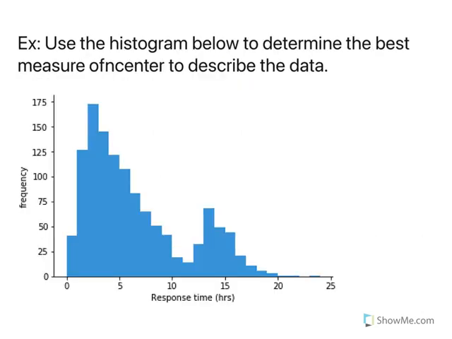Now let's look at this histogram. On this histogram, across the x-axis, we have response time in hours, ranging from 0 to 25. And on the vertical axis, we have frequency, ranging from 0 to 175. At 0, we're at about 40 for frequency, and then it jumps up to 125, 175, 150.